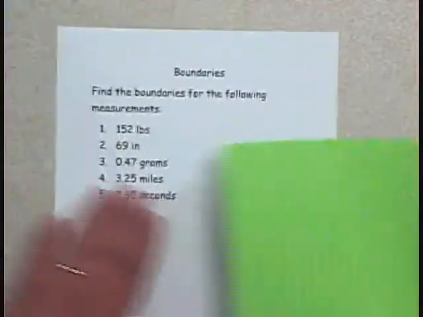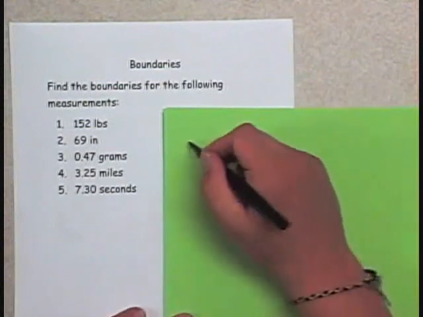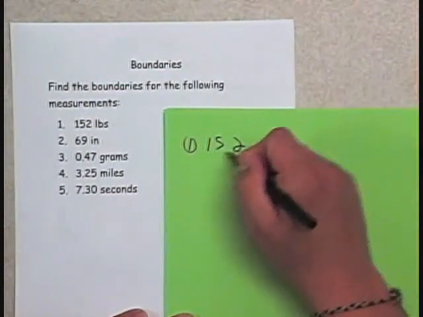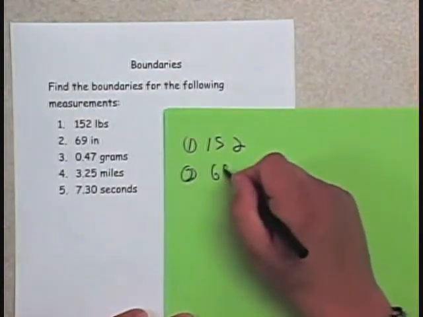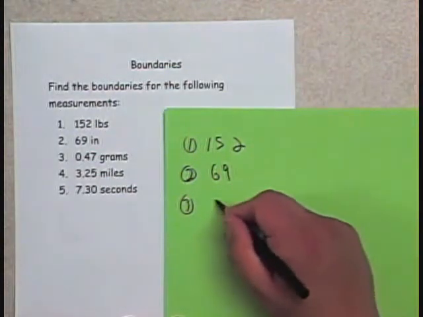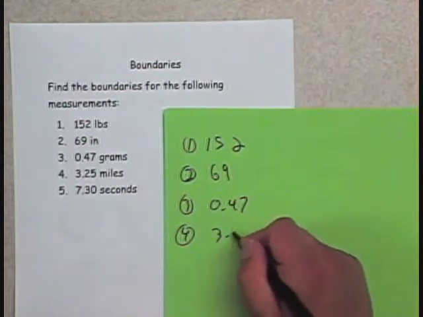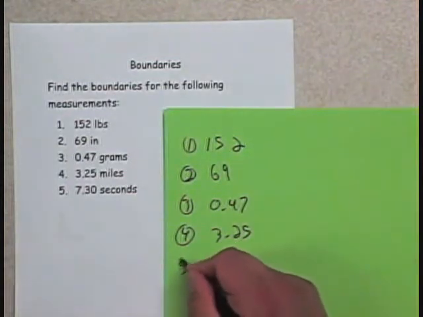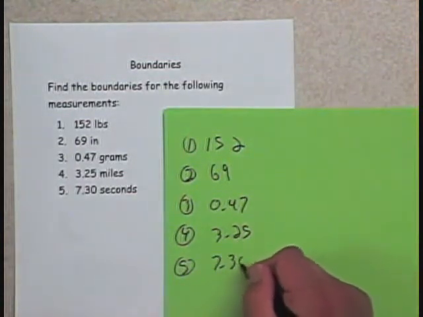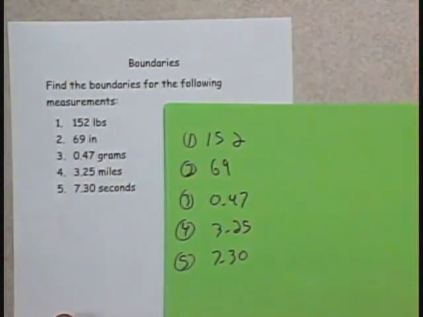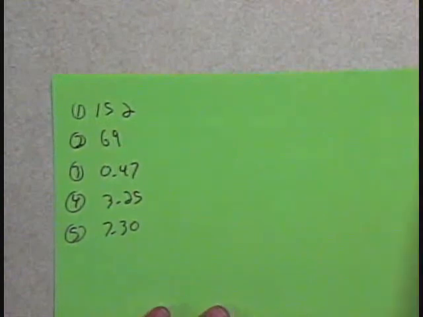So the boundaries, I'll write the numbers here, and then we'll do the boundaries. So 1 is 152, 2 is 69, and the units aren't necessarily important. But the point of these units is it's always when we're measuring something that these boundaries are really important. Okay, when we make measurements, because measurements are continuous variables.